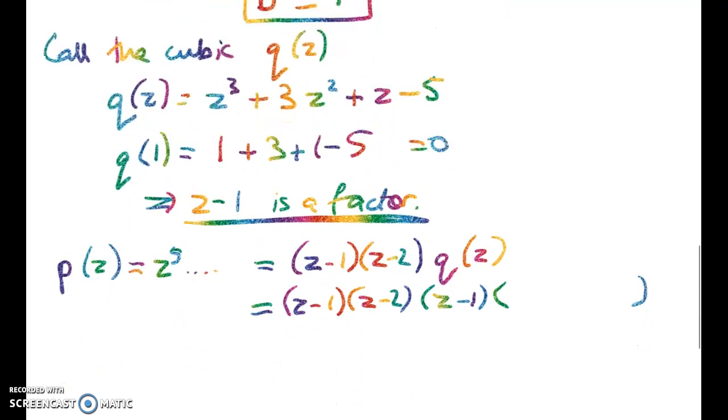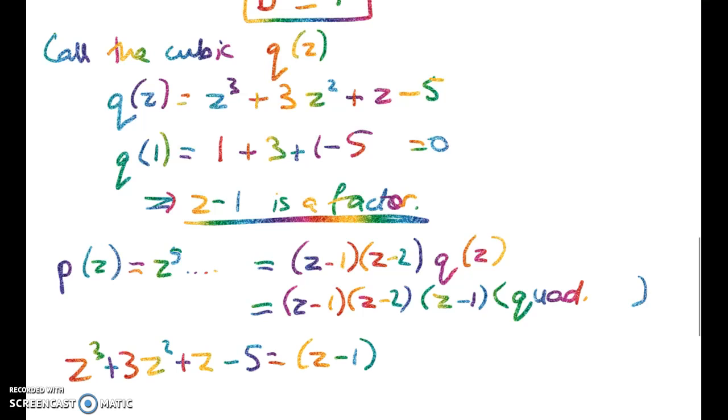So factorizing q of z goes like this. z cubed plus 3z squared plus z take away 5 is equal to z take away 1 times z squared. Leave this bit here. To get minus 5 here, we must have plus 5.